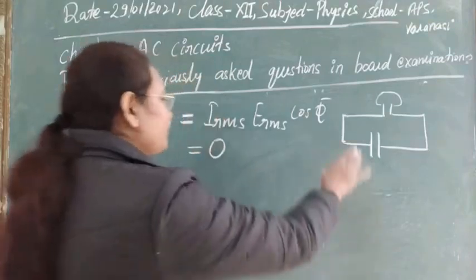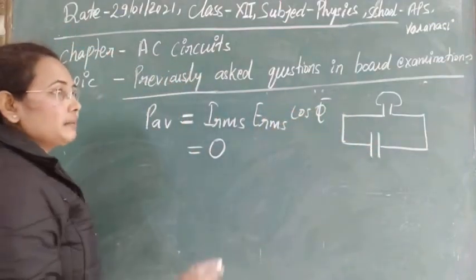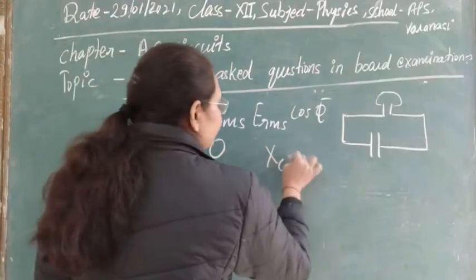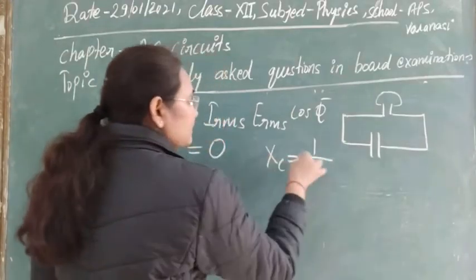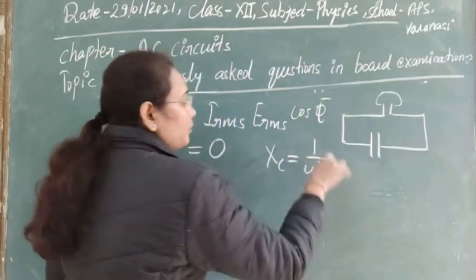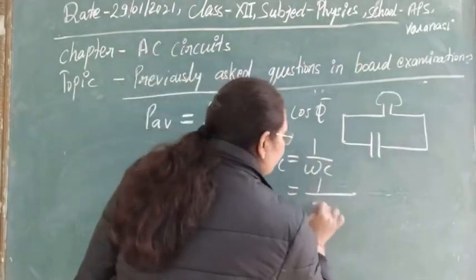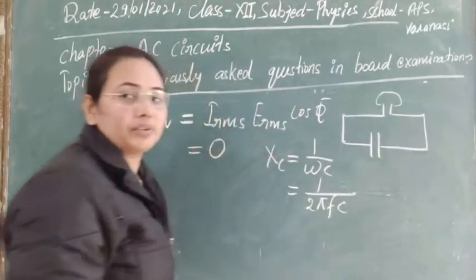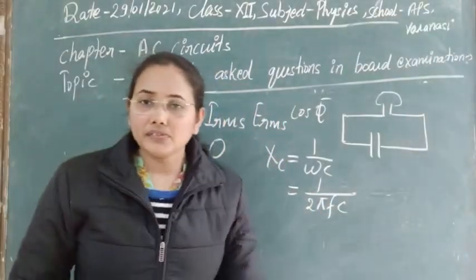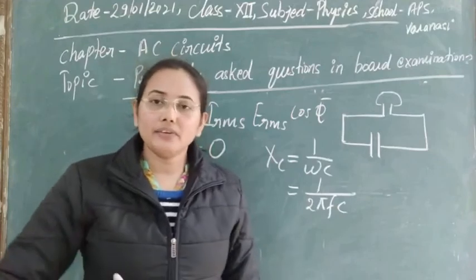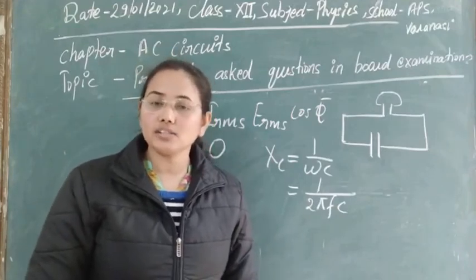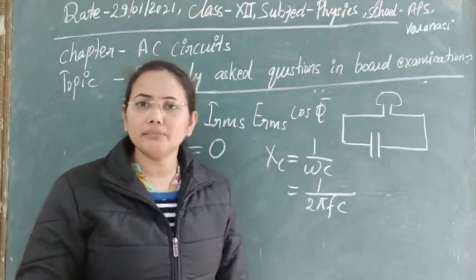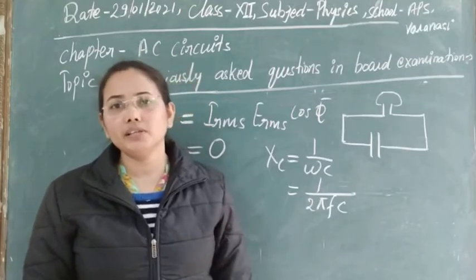First of all, we will look at the reactance of the capacitive circuit. The reactance of the capacitive circuit, Xc, is given by 1 upon omega C, or in place of omega we can write 2 pi f into C. Now in a DC circuit there is no oscillation, so the frequency of the circuit will definitely be 0.